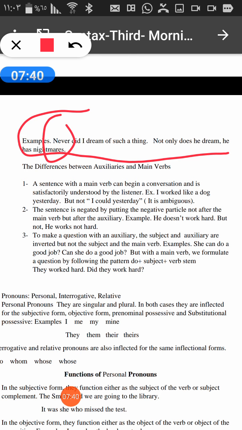Or not only does he dream, he has nightmares. So here did helps us, يساعدنا, to do the inversion, نقلب الجملة, we put the auxiliary, الفعل المساعد, before the main verb.